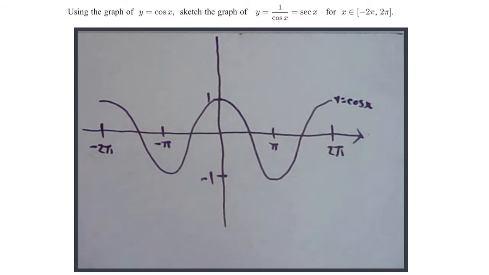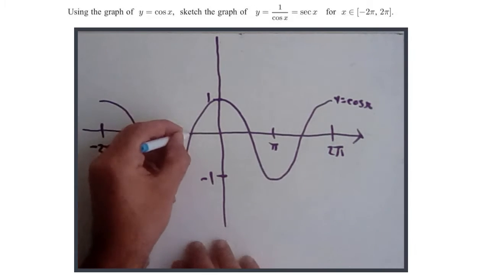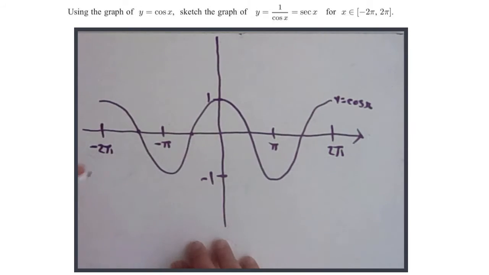So if we want to draw sec x, we need to do what we know about reciprocals. Now, the first thing, remember, whenever you get a 0 on the function, the reciprocal function will be undefined, because 1 divided by 0 gives you an undefined result. So you can see a 0 here, here, here, and here. So you're going to have a vertical asymptote at all of those places. So let's draw those in.